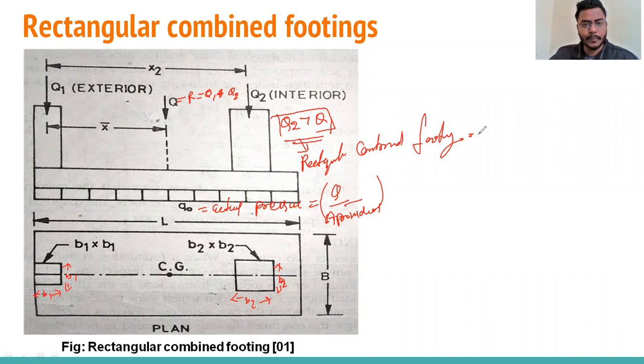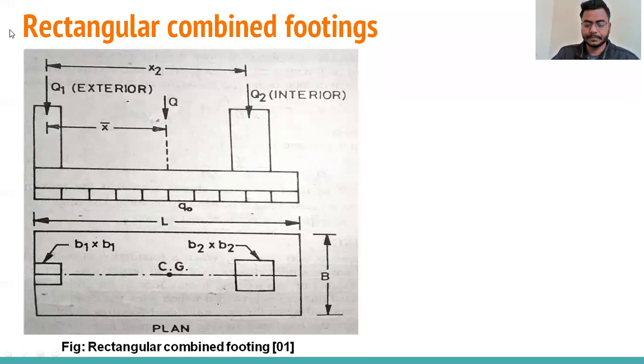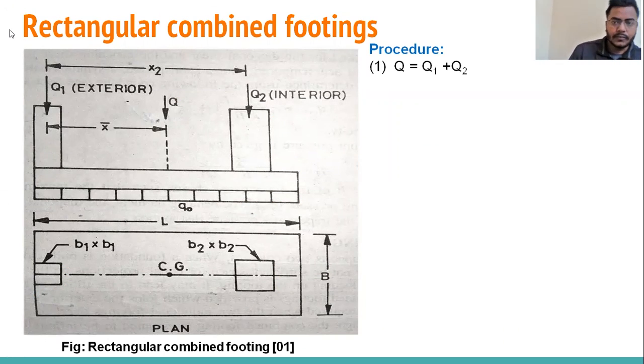Okay, so there is a procedure that we have to follow when we are going to design a rectangular combined footing. First, we have to calculate the total loads coming on the footing, the resultant loads. Here you can see two column loads are coming on the footing, Q1 and Q2.